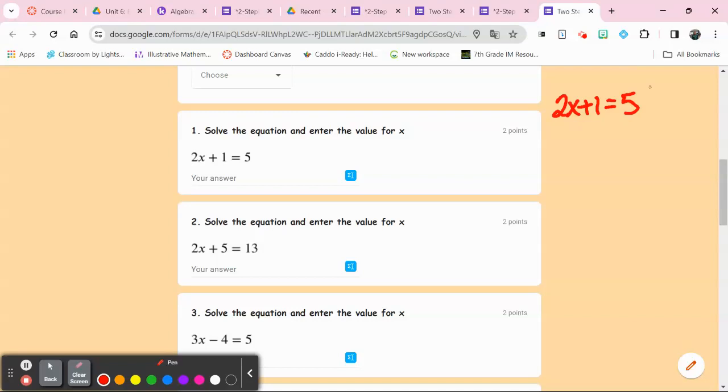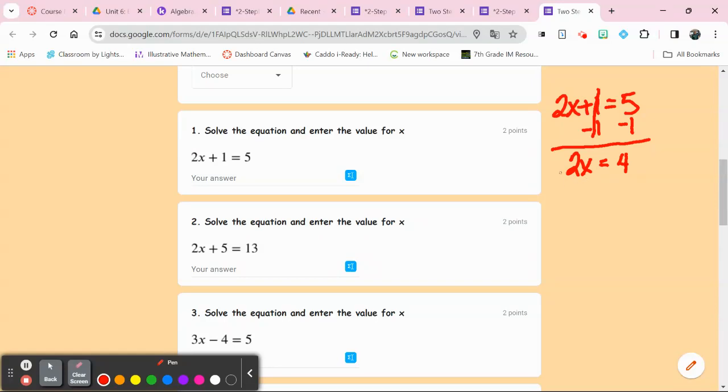When there's no parentheses, the first thing we always have to move is the number without a letter. So the opposite of plus 1 is negative 1, or minus 1. When we do that, that gives us 0 on this side. We're left with 2x equals 4.